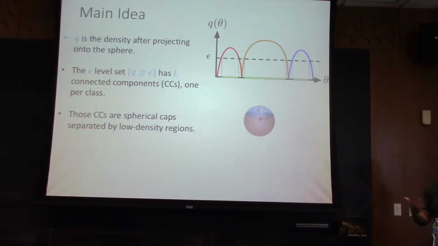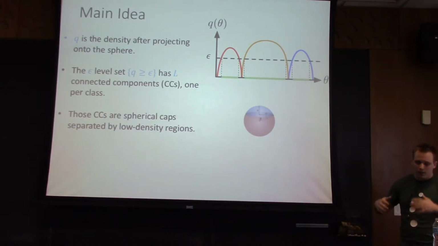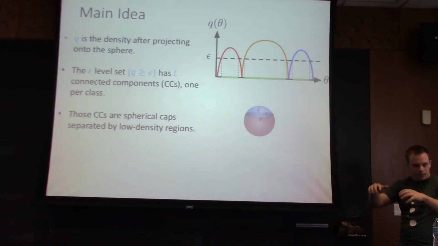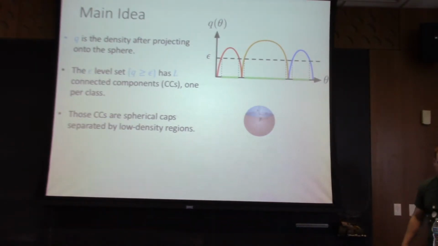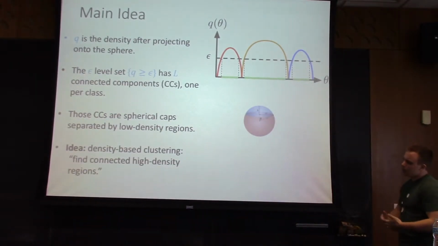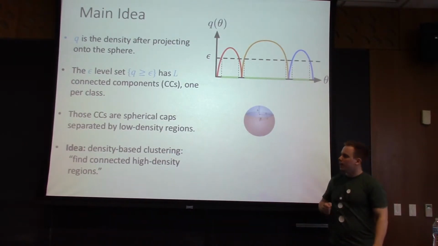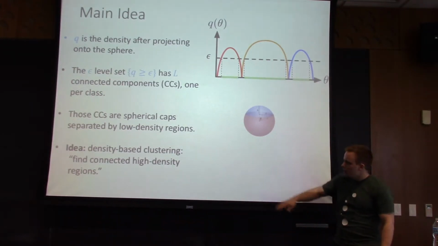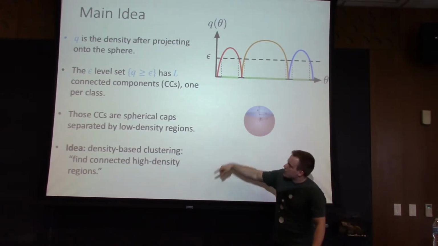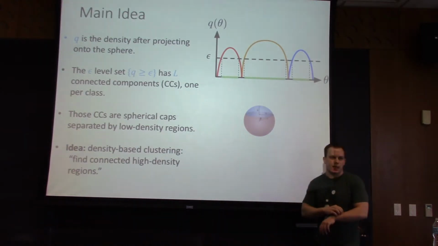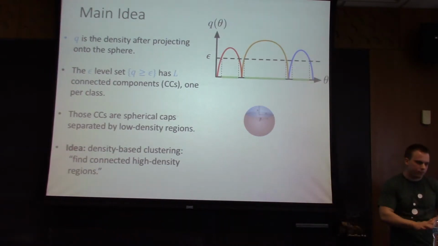Okay? And then the last observation is that by definition, the density is high inside of these spherical caps and low outside. This is how we constructed them. And so this leads us to the idea of using density-based clustering to try to recover the classes. So more or less, we want to find the connected high-density regions, where what this means is find the connected components of the epsilon level set.